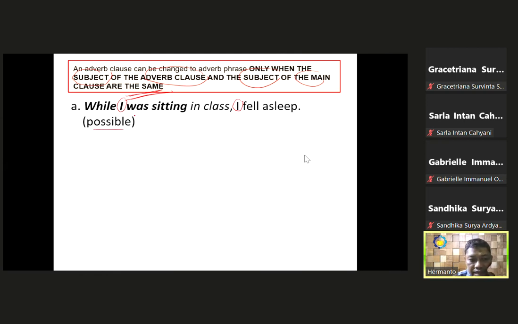So what do you get, everyone, from this adverb clause? What you get is, "while sitting in class, I fell asleep."